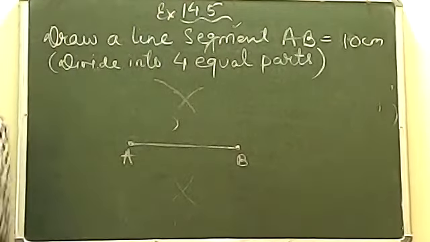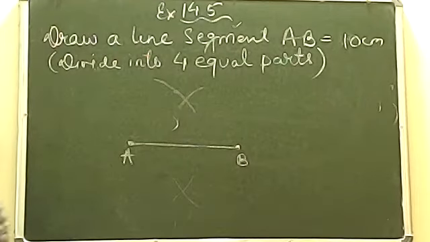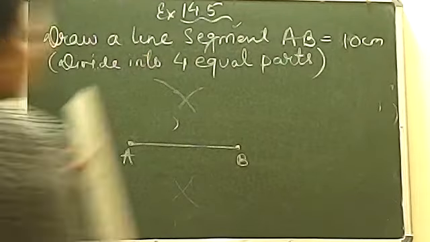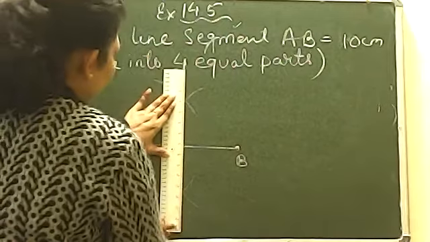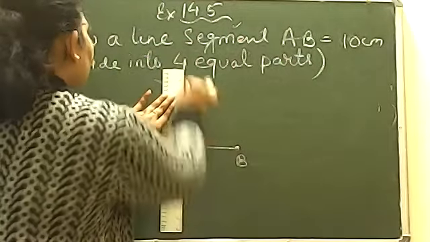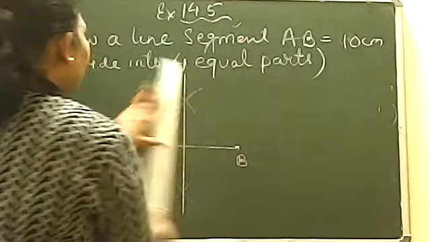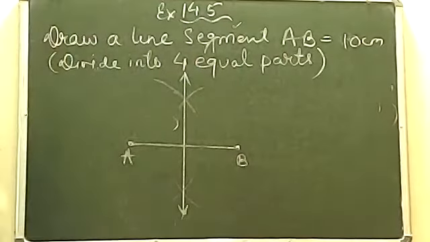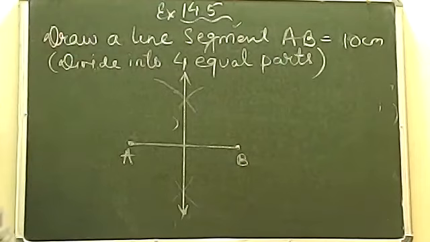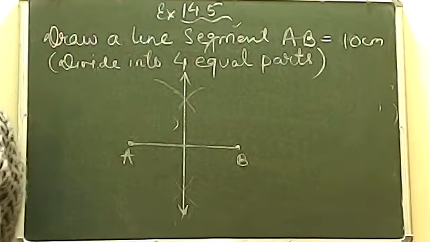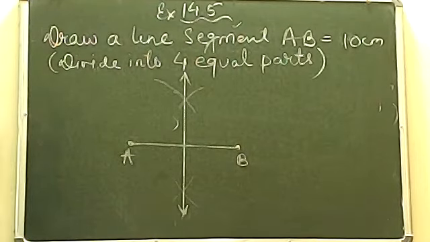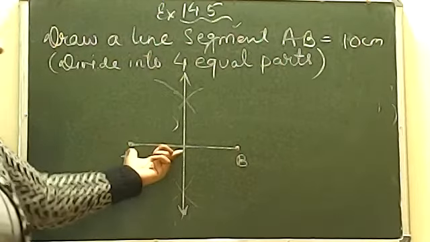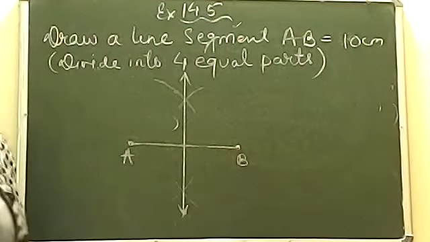Finished. Now I have got 2 equal parts. Now let me join the line. Finished. Now I have done it 2 equal parts of 10 centimeter. Okay. Now you can see, beta, this end is 5 centimeter. This end is also 5 centimeter.